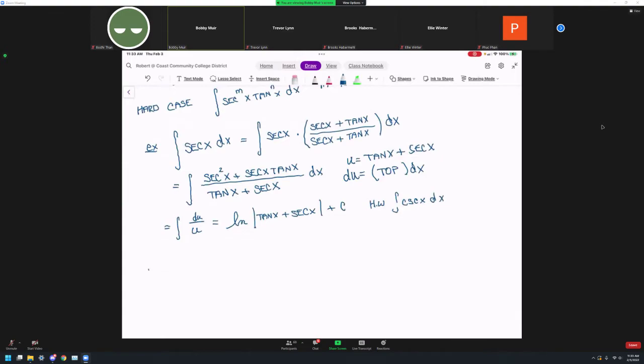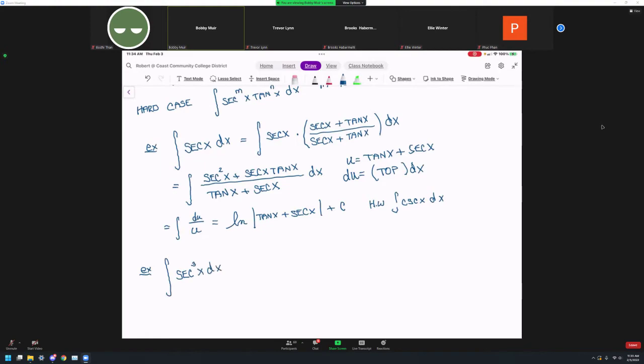So one integral that occurs over and over again is this guy, secant cubed x dx.